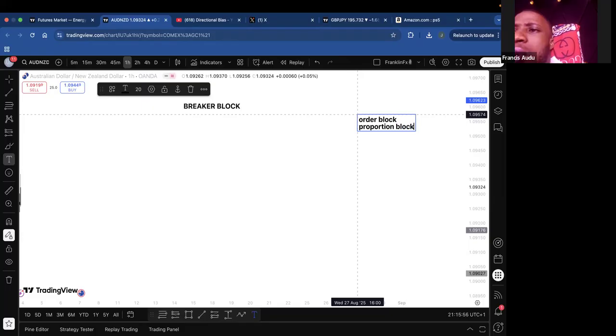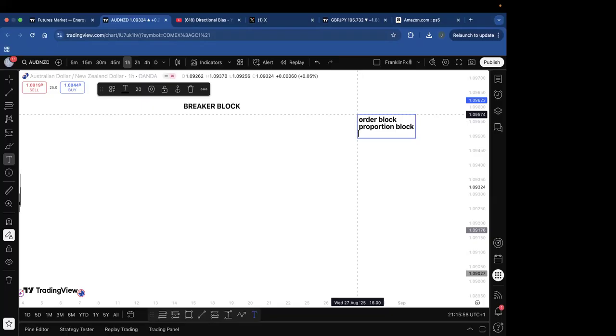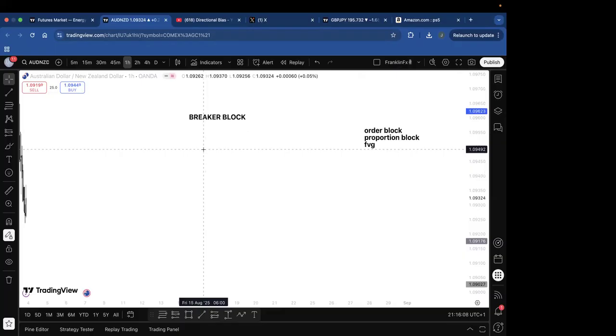And what other POI have we talked of? I think in some cases we talk about FVG, fair value gap, that's it. But there is a special kind of block called the breaker block, and it is actually a very, very important one in trading.